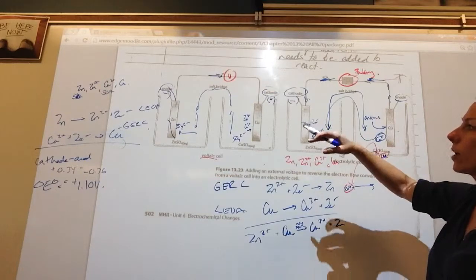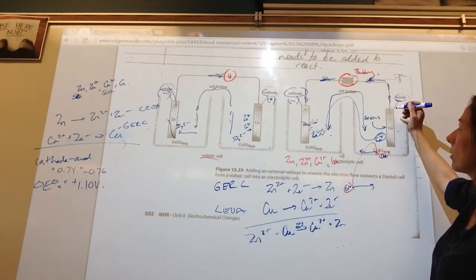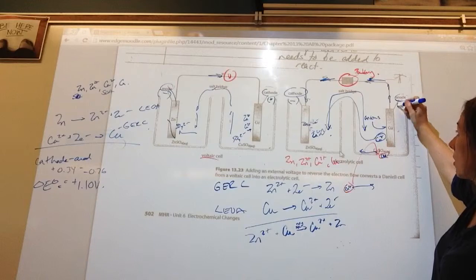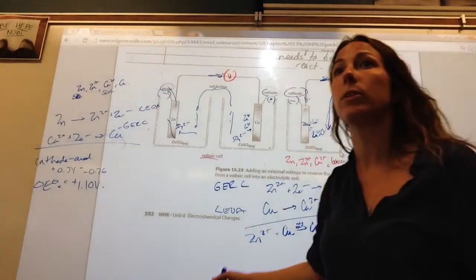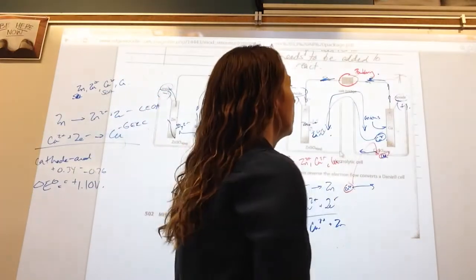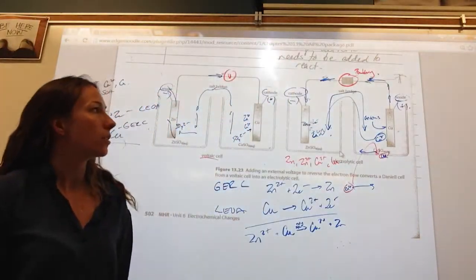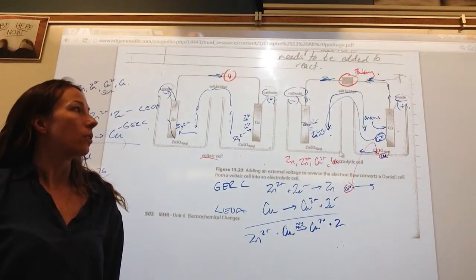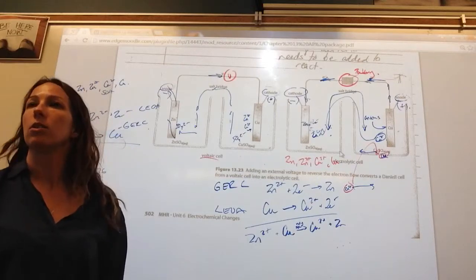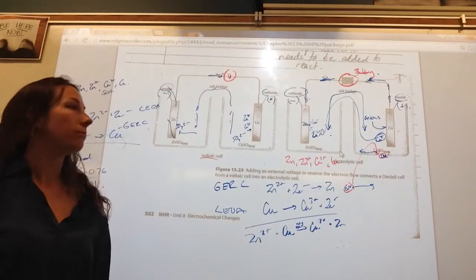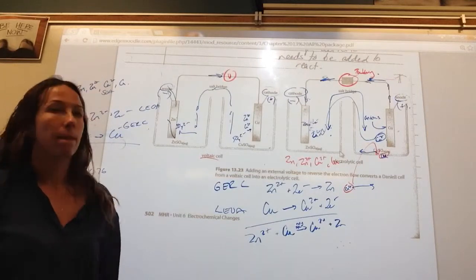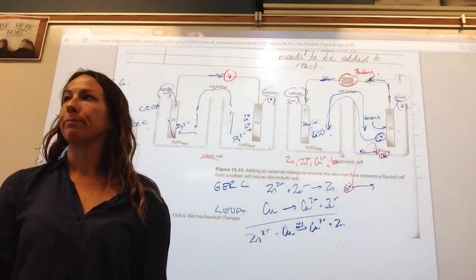Yeah, I'll explain why in a minute. Maybe you'll see it a bit better. And the anode is positive because it's where the cations are going. Oh, no, the anode is positive because I think it's producing the Cu2 plus ions. Okay.